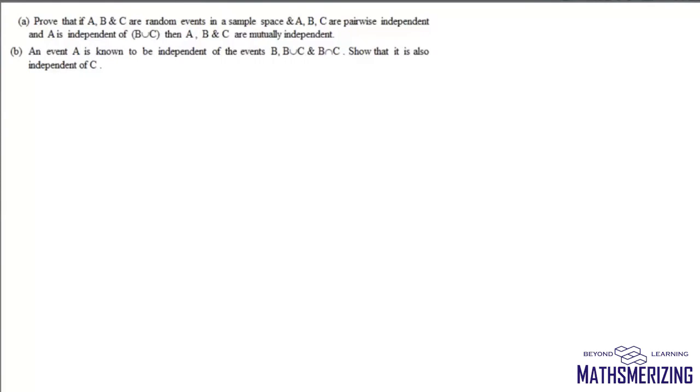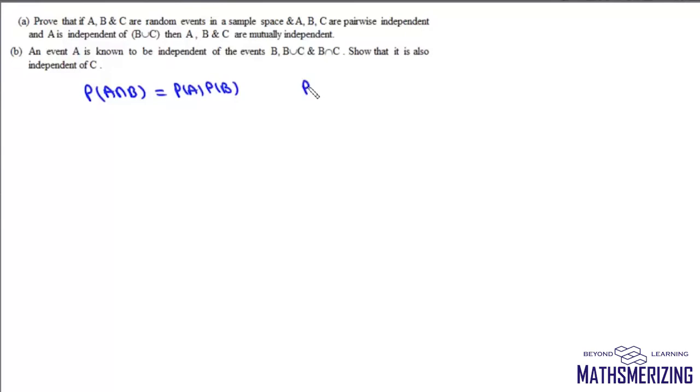Now in part B it says an event A is known to be independent of the events B, B union C and B intersection C. Show that it is also independent of C. Now A is independent with B, that means P(A intersection B) is P(A) into P(B).